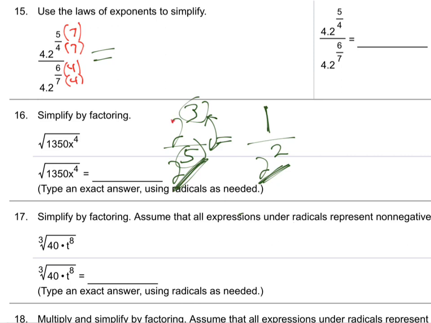Do you see why I'm doing that? Let me show you, maybe this next step will make more sense. So what's that going to become? That's 5 times 7, 35, 4 times 7, 28. That's the power here. 4 times 6, 24, over 4 times 7, 28.